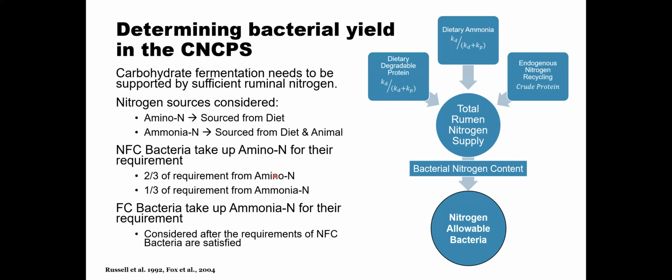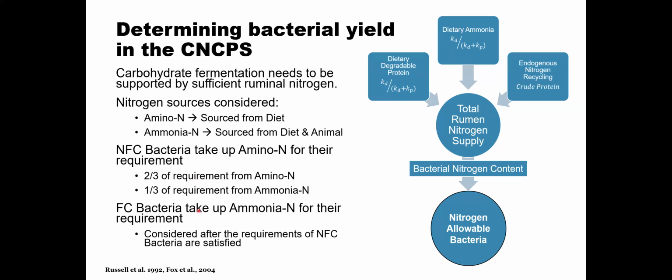They can just grab the amino acid, stick it in place, build their cell wall, build their enzymes, and go. So that allows them to move much faster. That's also why they have a higher maintenance requirement, because of that metabolic rate. But they have the ability to do that, right? But they still are going to require some ammonia.